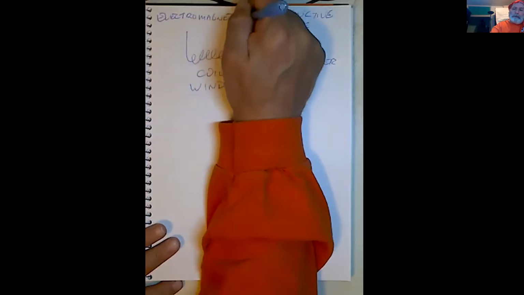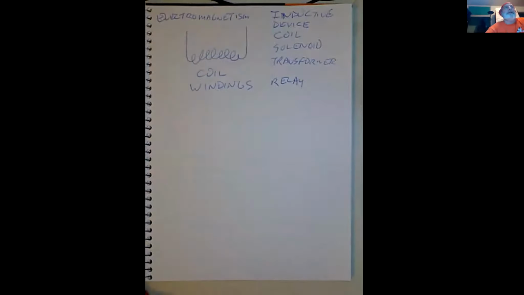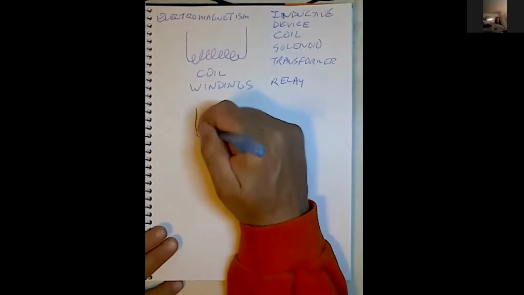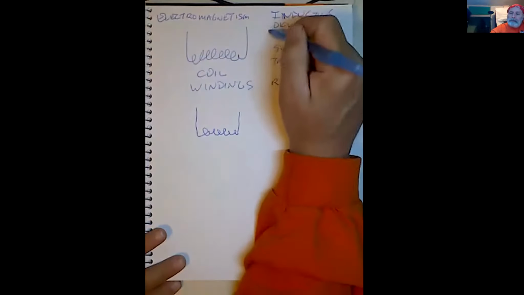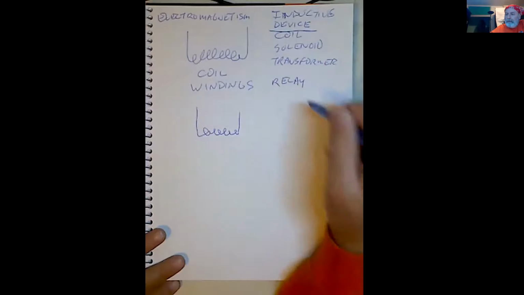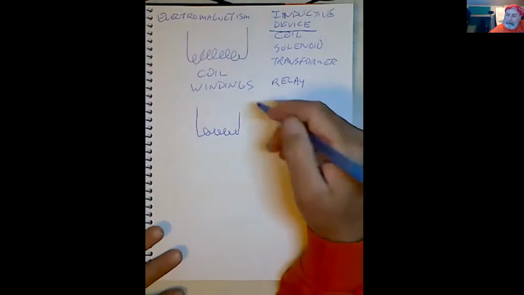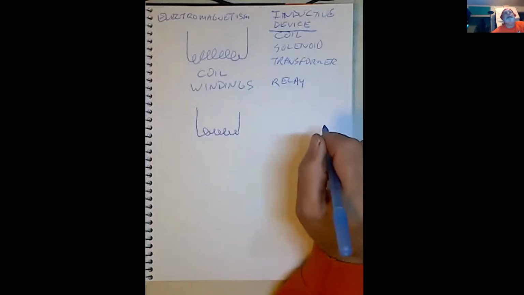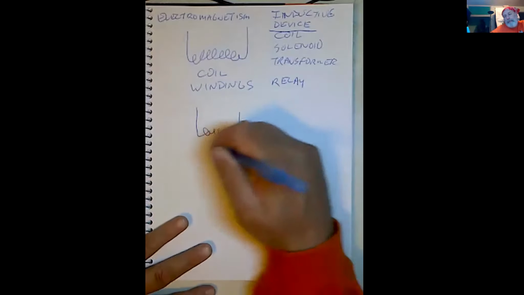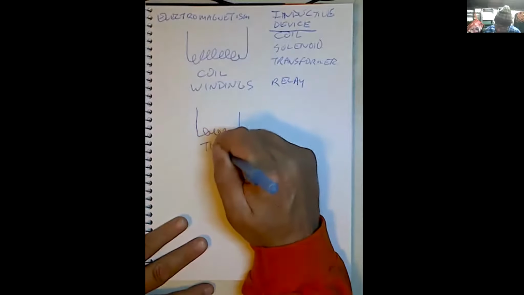Electromagnetism is the relationship between electricity and magnetism, right? So we have these coil windings, whether it's a coil, solenoid, transformer, relay, they all have coils in them. And since this is just a long piece of wire, it has what characteristics? Resistance. You bet. Good.